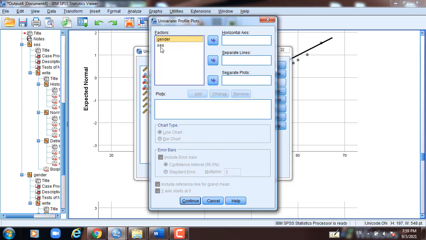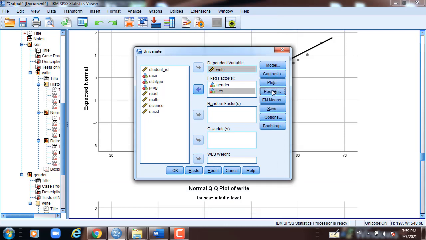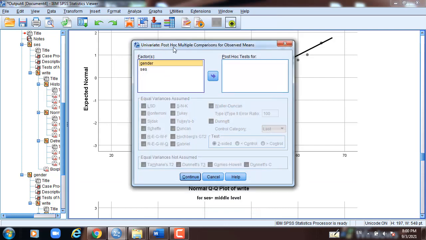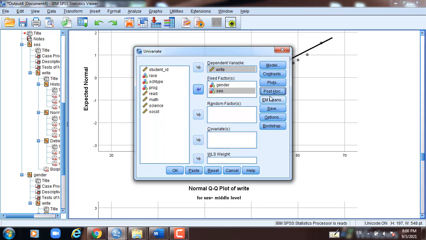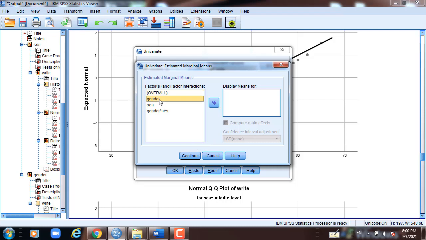We have to put SES here, gender in the separate lines, then Add, we can see SES with gender. Press continue, go to Post Hoc, and then move this variable here, then press continue, then go to EM Means, and then move these three variables here, as you can.